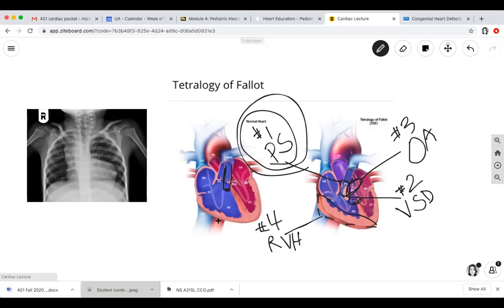So those are going to be your very, very sick babies, because no matter how hard you try, you're not getting any blood through here. So you have to have another opening that allows blood to mix. So how bad your pulmonary stenosis is dictates how sick clinically the patient will be.